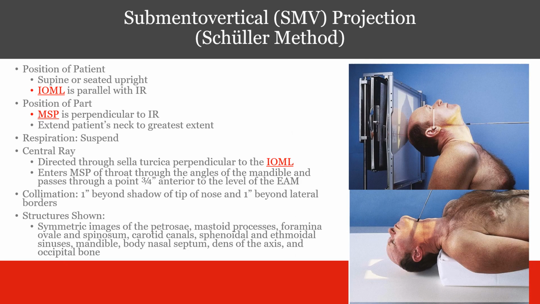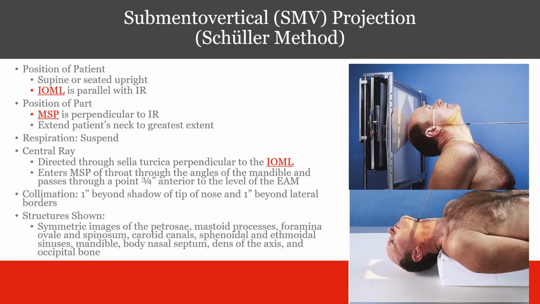The SMV projection, which is called the Schueller method, is a position in which the patient is supine or seated upright. The IOML is parallel with the image receptor, just like it was with the lateral projection of the head. The mid-sagittal plane is perpendicular to the IR, and you want to extend the patient's neck to the greatest extent.